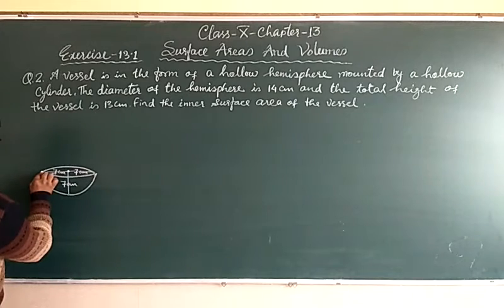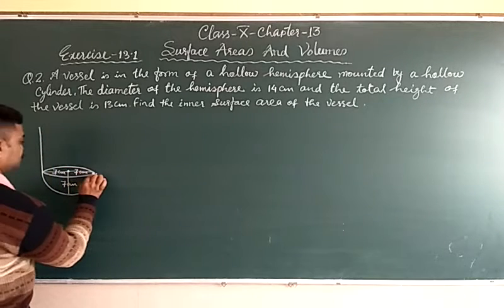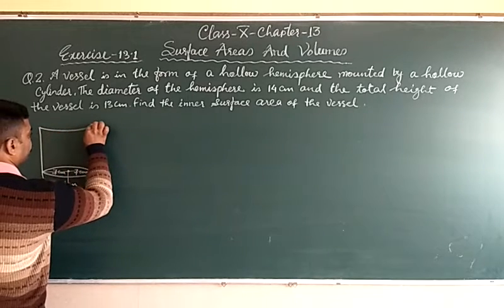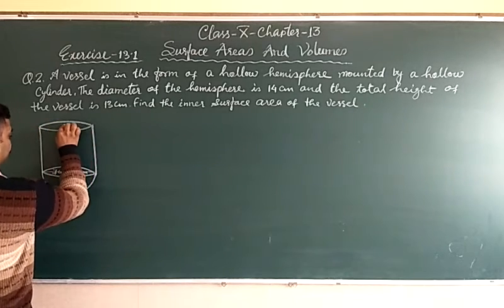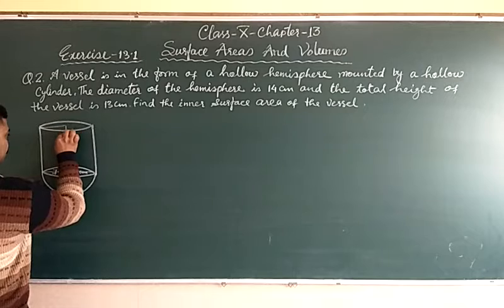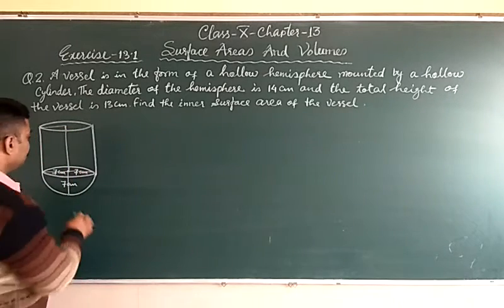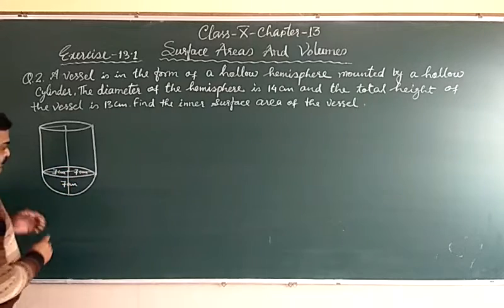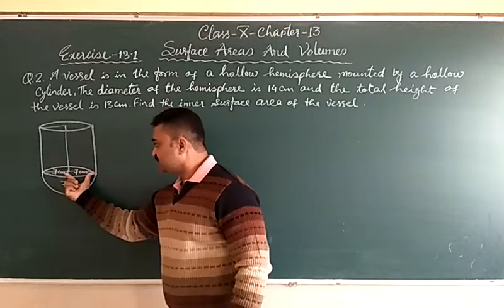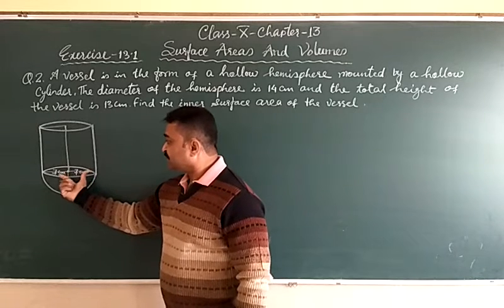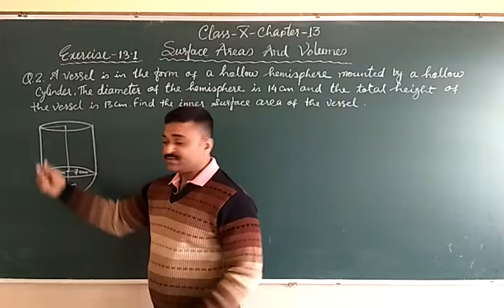So we will draw here a hollow cylinder. This is a hollow cylinder. Clear? So this is 7 centimeter. The radius of this hemisphere is 7 centimeter. Similarly, this radius will become 7 centimeter.